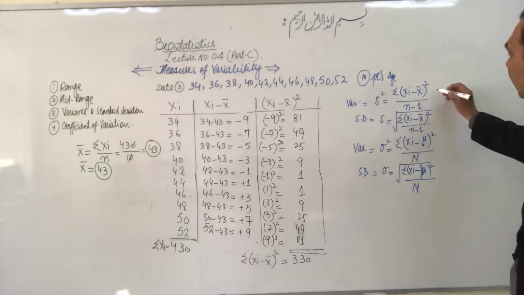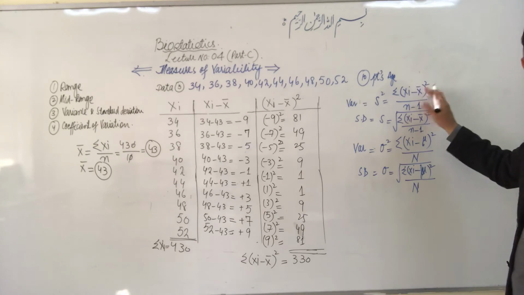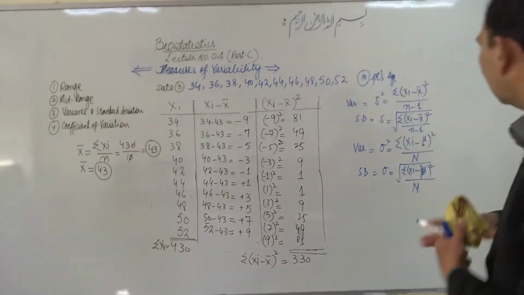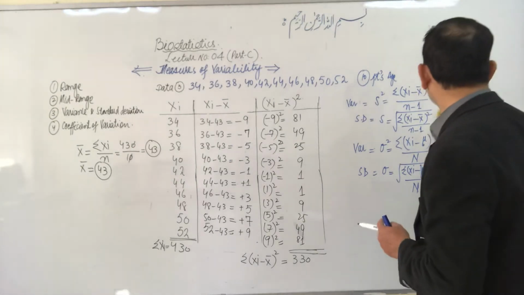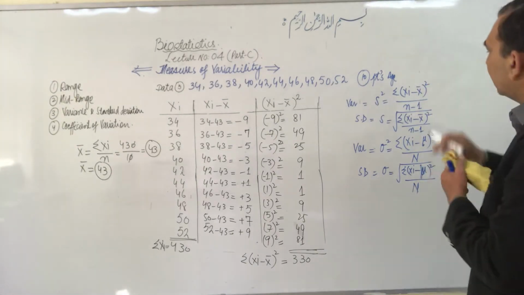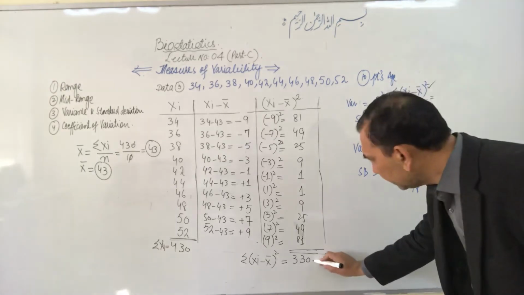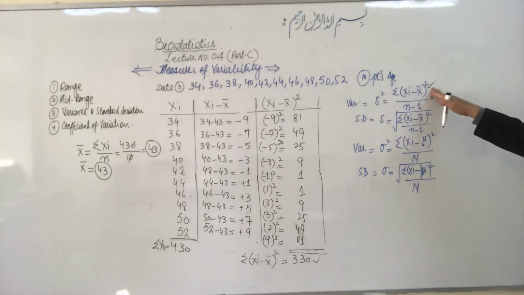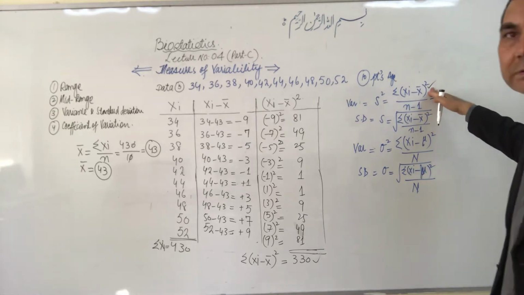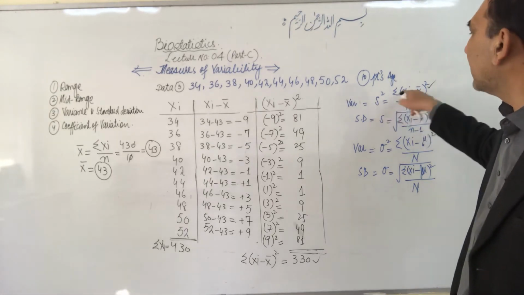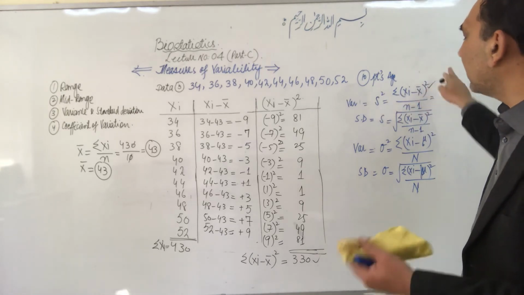Now in the formula, we solve the toughest part, the numerator of this formula, the sum of xi minus x bar the whole square.